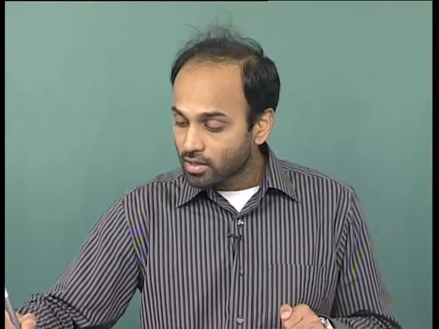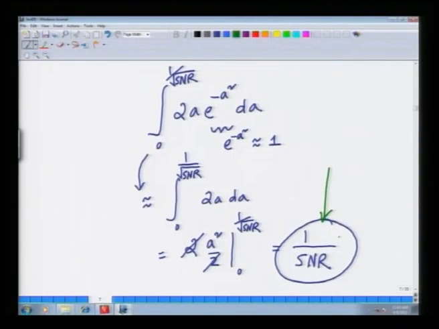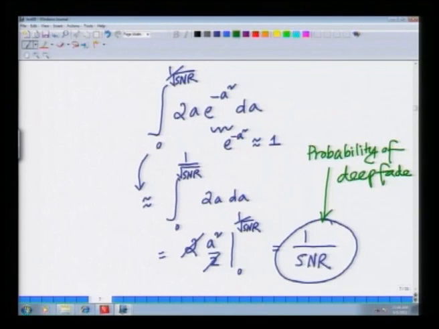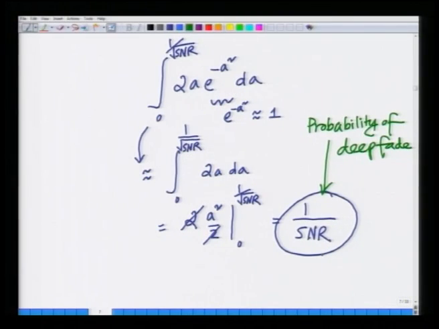Let me write it down clearly: the probability of deep fade in a wireless communication system is 1 over SNR.